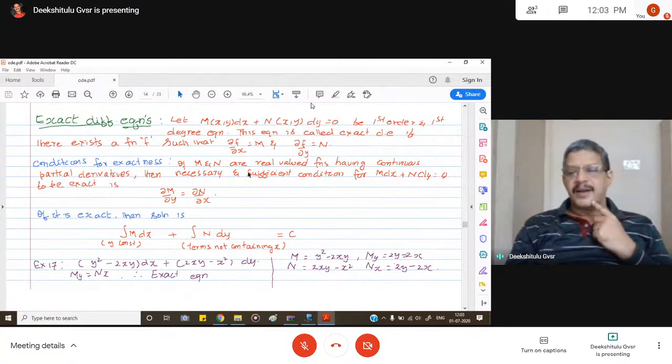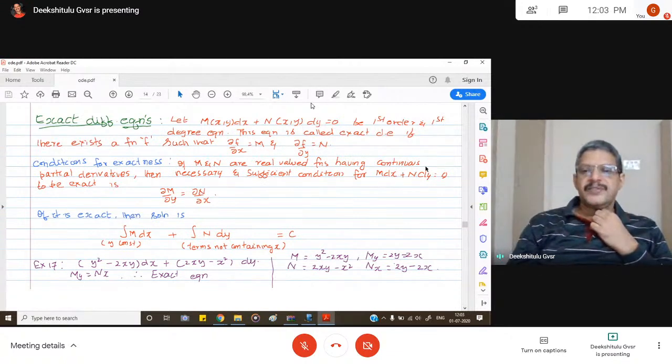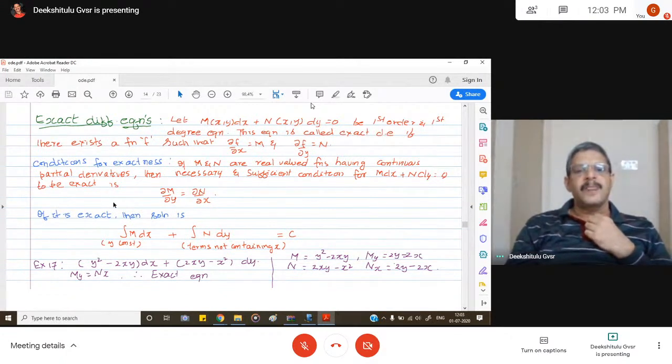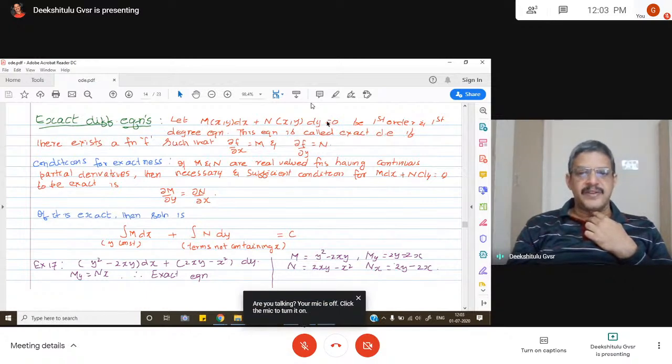If M and N are real valued functions having continuous partial derivatives, then a necessary and sufficient condition for M dx + N dy = 0 to be exact is ∂M/∂y equal to ∂N/∂x. So that is the testing condition, to test the exactness of the differential equation.